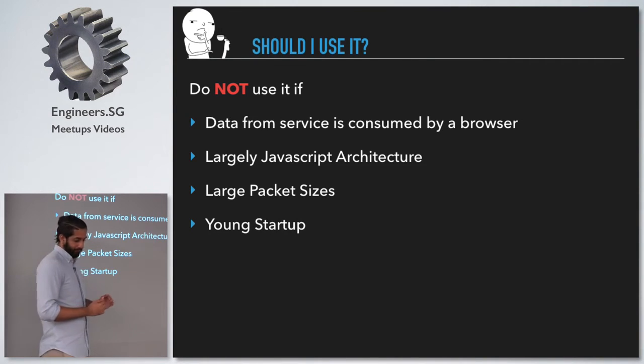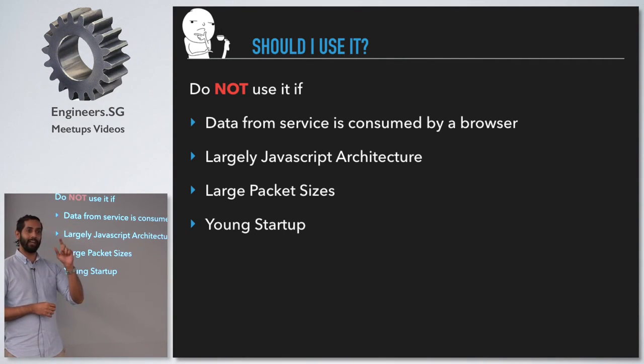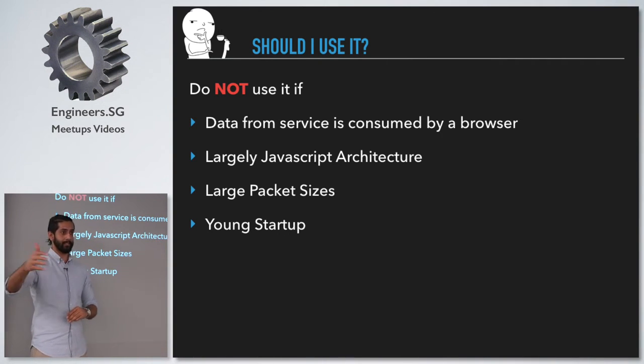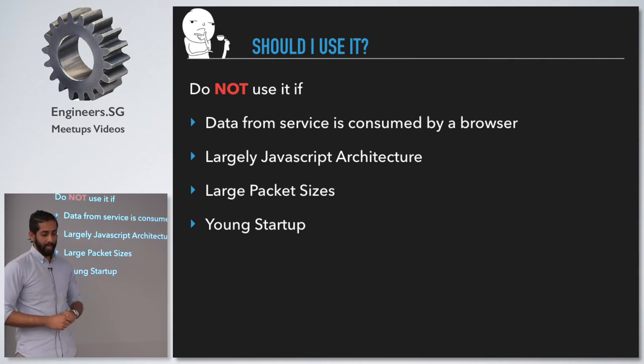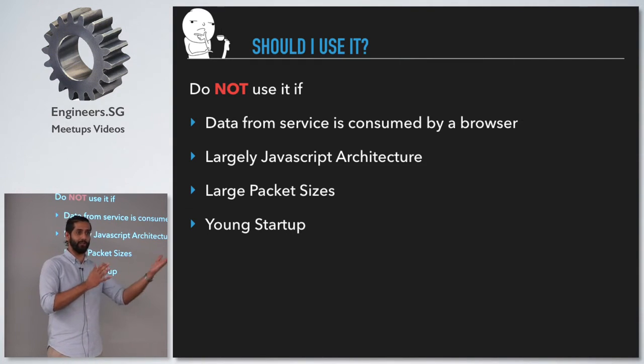Next, your large packet sizes. So protobuf excels in a very specific file size. If you hit above 1 MB, then you need to rethink your architecture, right? If you're transmitting more than 1 MB of data per packet. And if it's below 300 KB, then when you gzip your JSON versus your protobuf, they're almost the same.